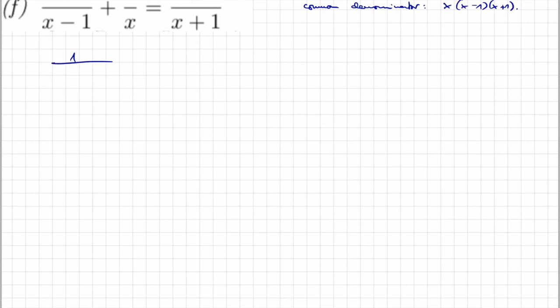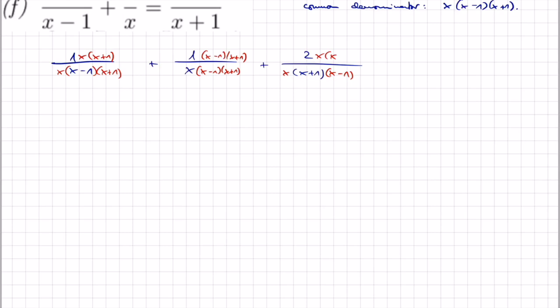So the first fraction needs a factor of x and x plus 1. The second one needs a factor of x minus 1, x plus 1. And the third one needs a factor of x and x minus 1.